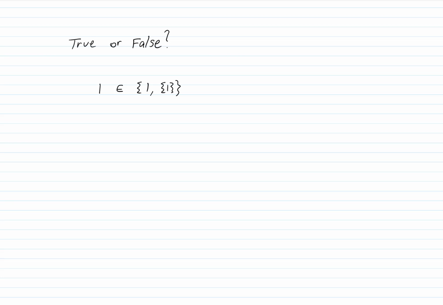The set that has the elements 1 and the set that has the element 1. That doesn't make sense if you have your eyes closed and you listen to it, but if you can see it while I'm saying it, then it makes sense. So is that true or false? Okay, think about that for a second.